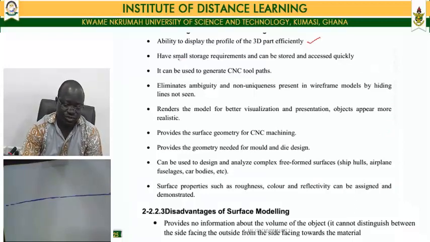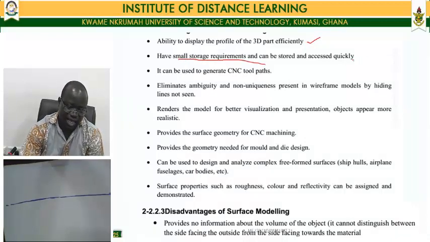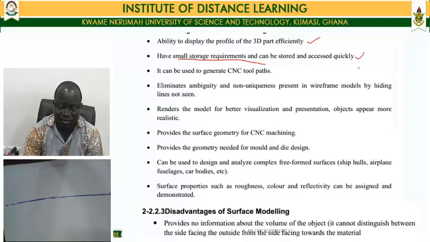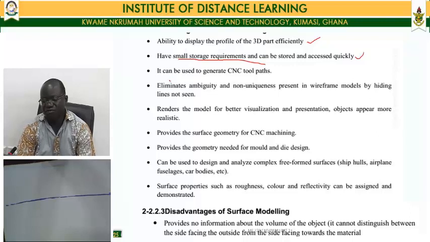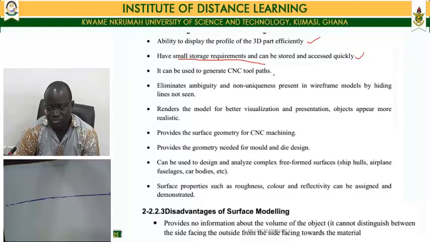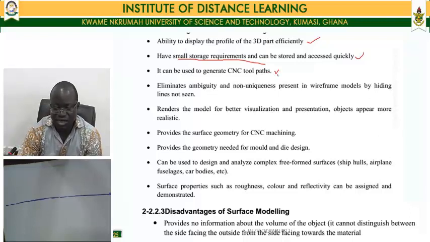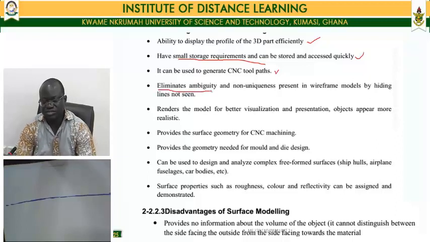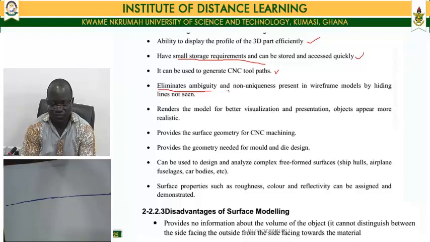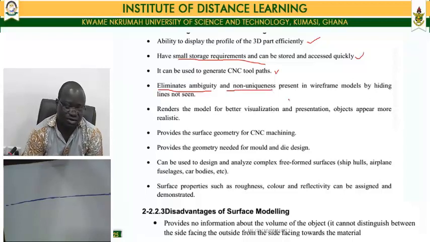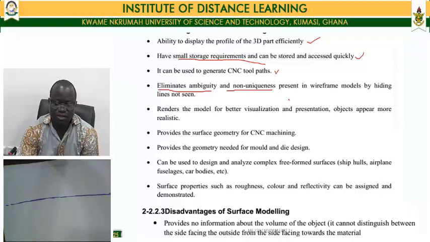Now, it can also be used to generate a CNC toolpath just as a wireframe. And the good news about that is it eliminates the ambiguity and non-uniqueness present in the wireframe model by hiding lines that are not seen. So the lines that are not seen are hidden, and then the surface is displayed, so you can really see it and there is no ambiguities.